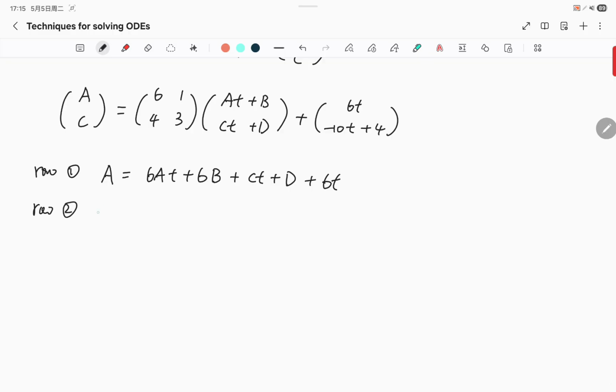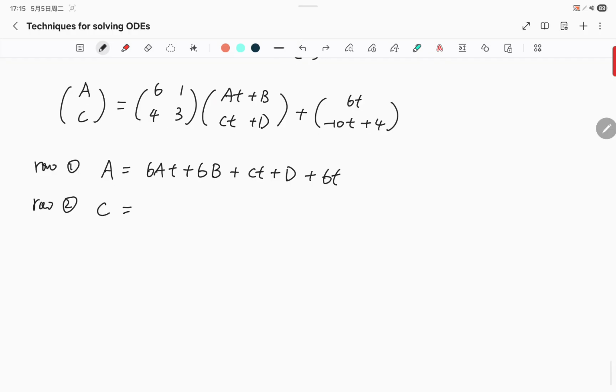Row 2, c is equal to 4, distribute that, 3, distribute there, 4at plus 4b plus 3ct plus 3d is equal to minus 10t plus 4.